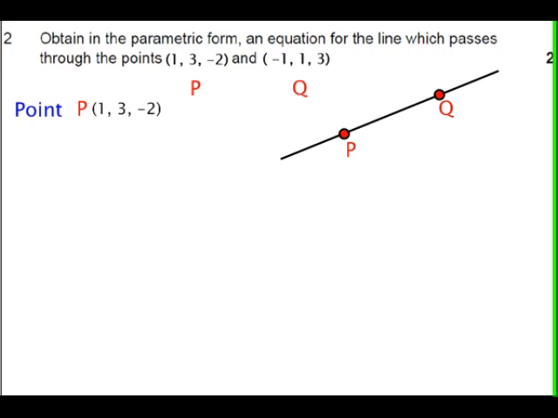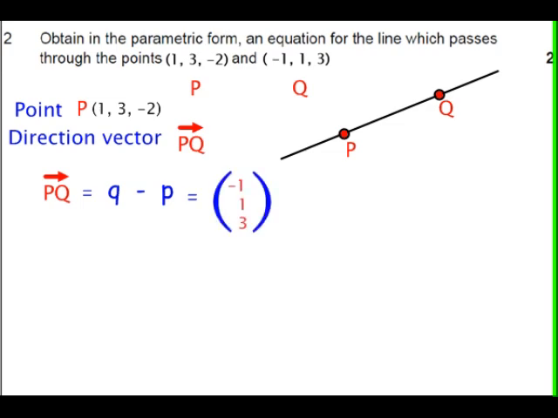We also need to find a direction vector for the line. Now, a direction vector for the line would be the vector PQ. PQ is given by Q minus P. Components of Q, -1, 1, 3, minus the components of P, 1, 3, -2, which gives -2, -2, 5 as our direction vector for the line.